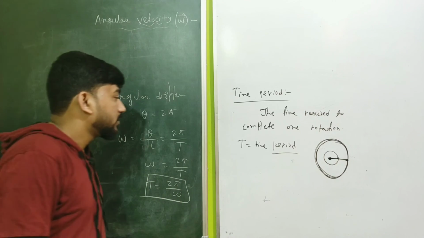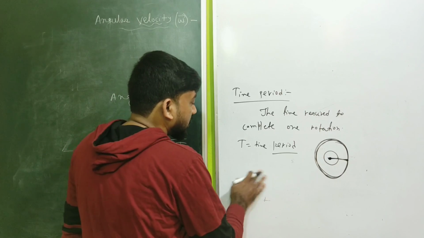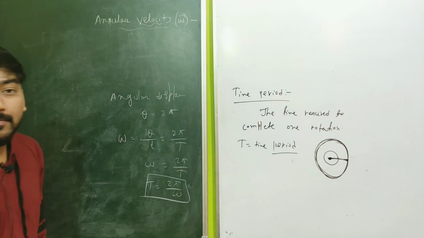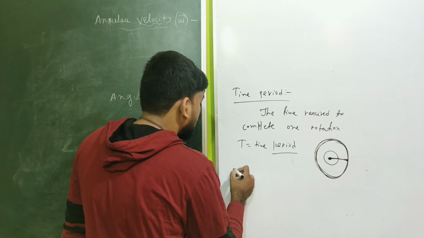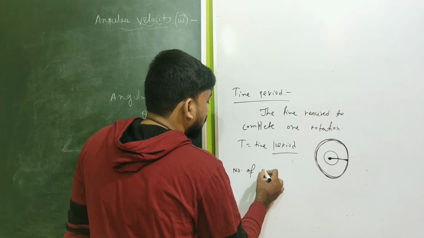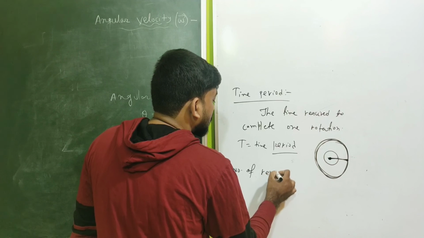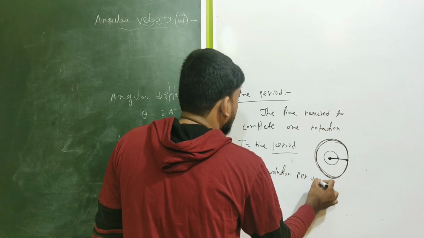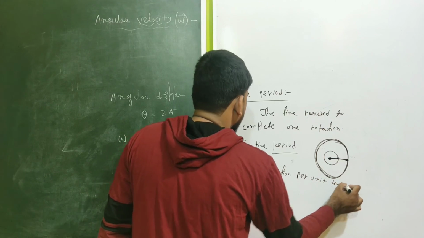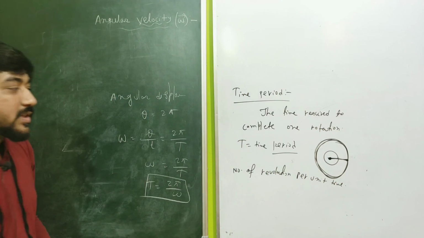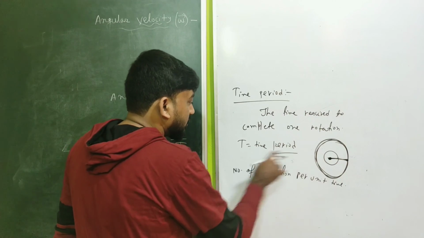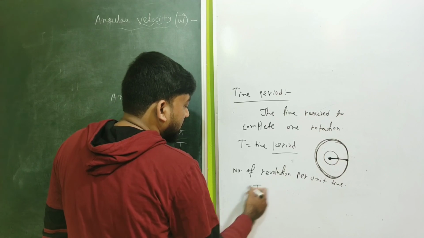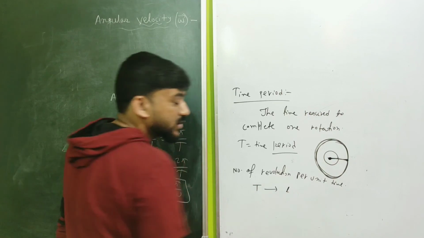Now what is the frequency? Frequency is the total number of rotations or revolutions per unit time. For one revolution it will take T time, so in time T it will complete one revolution.